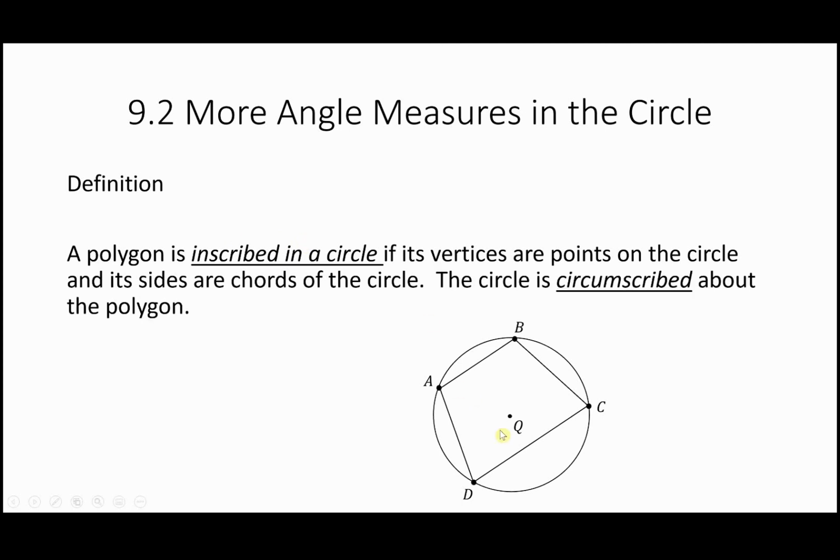Okay? Yep. And the circle is referred to as being circumscribed about the polygon. Okay, so there's a distinction between inscribed and circumscribed. So if you're talking about the circle in this situation, you're talking about the circumscribed item. If you're talking about the polygon, you're talking about the inscribed item.